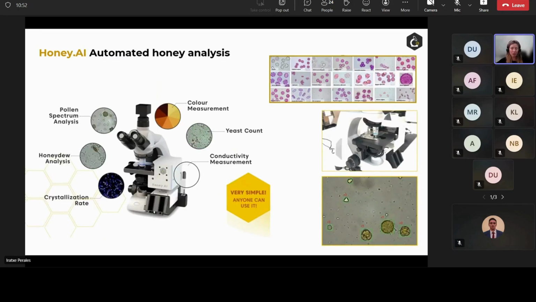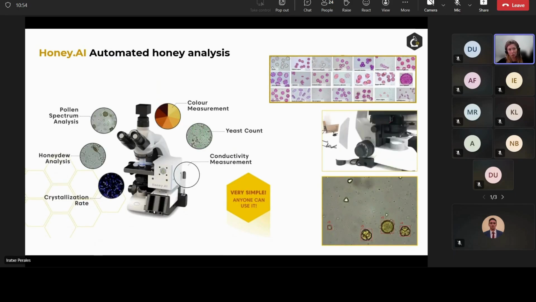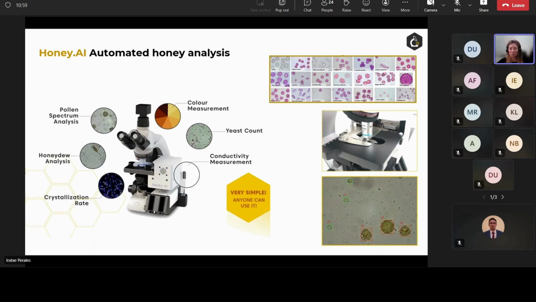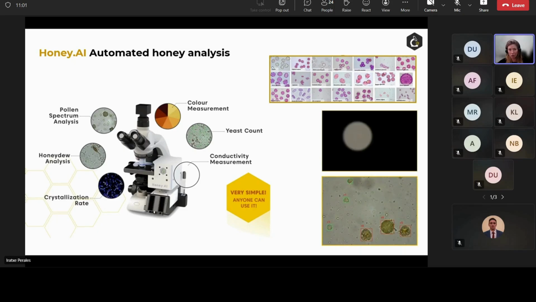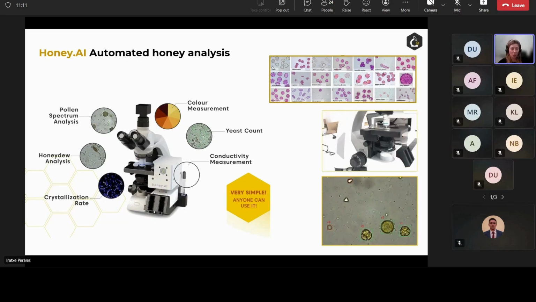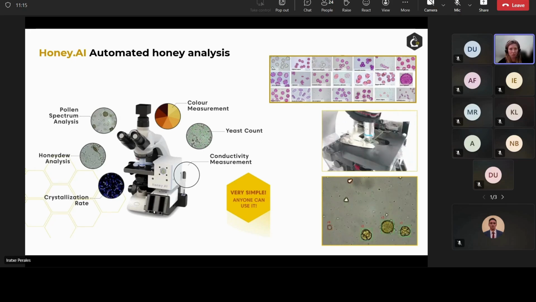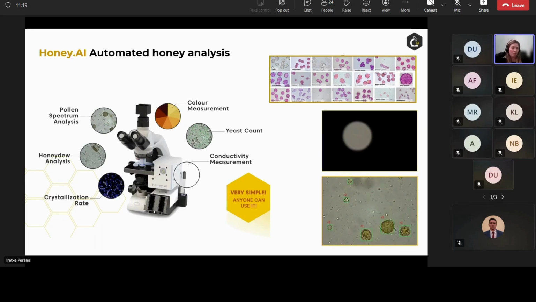The first product that we started to develop was Honey AI, which is an automated microscope specifically designed for the honey industry. And we started with the pollen analysis. Then we developed other applications. So at the end, the microscope can do the pollen analysis, honeydew elements, crystallization rate assessment, color measurement, yeast content, and conductivity with an external probe.